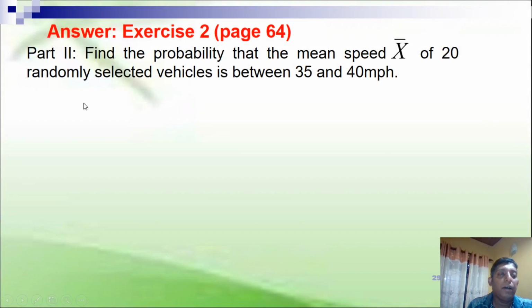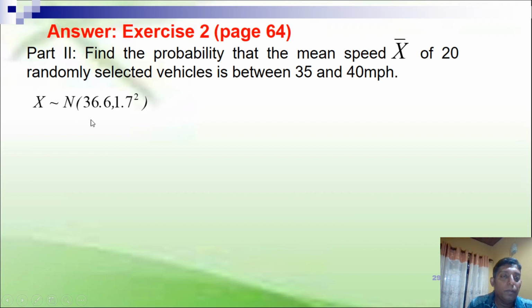Now in the second part, we have to find the probability that the mean speed, X bar, of 20 randomly selected vehicles is between 35 and 40. Since we take a sample from a normally distributed population, we do not need to worry about the sample size.